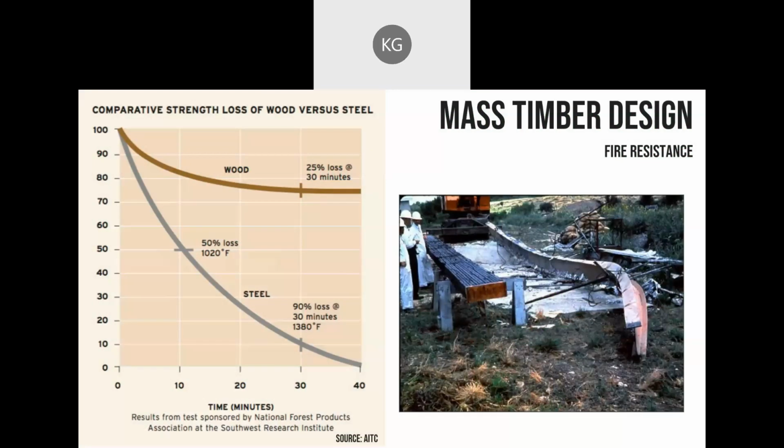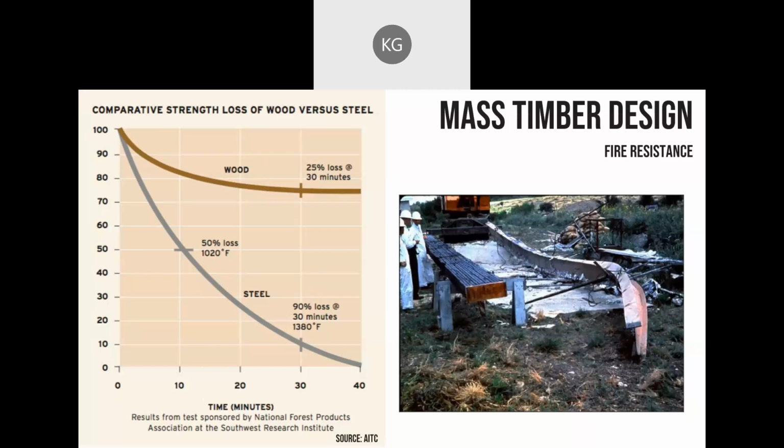And just a note that designers tend to think that steel isn't a problem in fire since it's not combustible, but it just responds differently. It loses strength and yields in higher temperatures. You can see in this picture to the right, this is a steel beam and a glulam beam that were in the same fire. You can see that the steel has yielded and the glulam has charred.